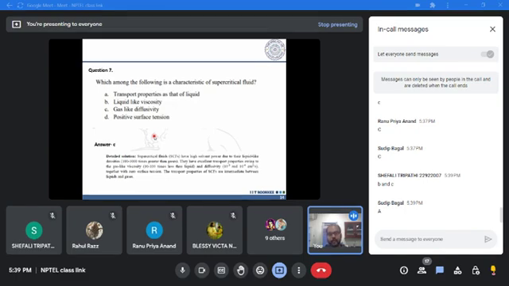What is a supercritical fluid? It is a fluid that is highly compressed and has combined properties of gases and liquid.